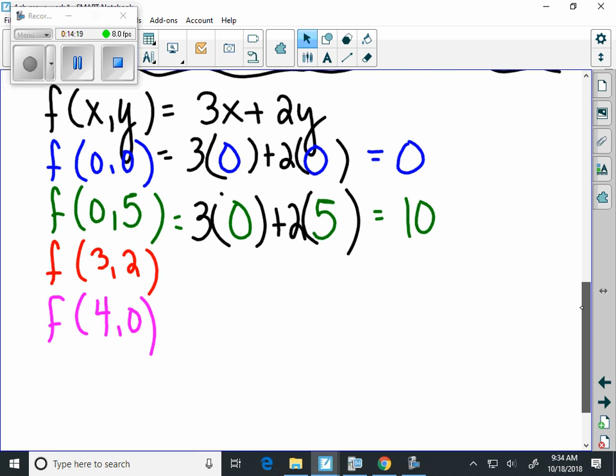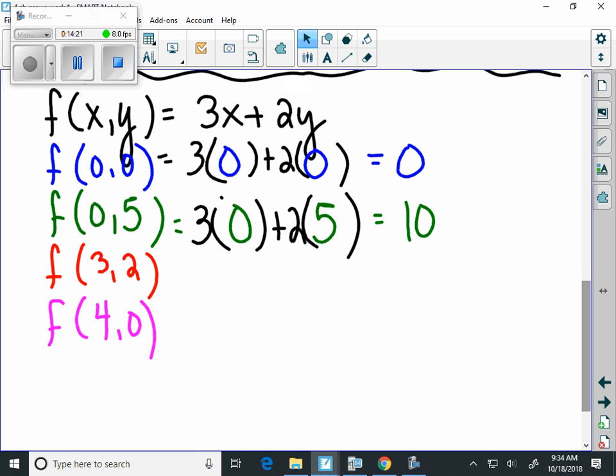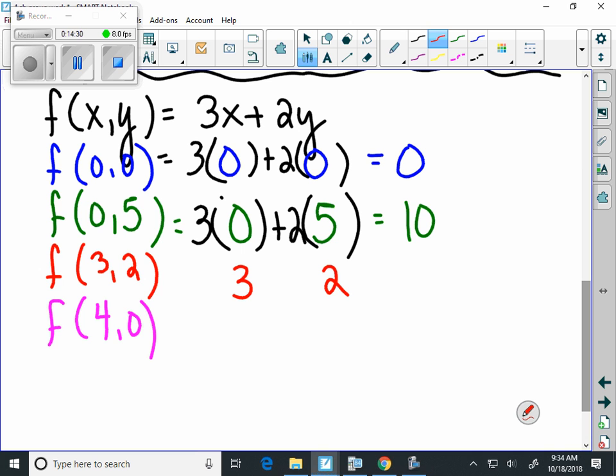Our third ordered pair is telling us that we're going to make 3 pans of corn muffins and 2 pans of bran muffins. And type it in your calculator if you need to. 3 times 3 is 9, 2 times 2 is 4, which is going to give us 13.